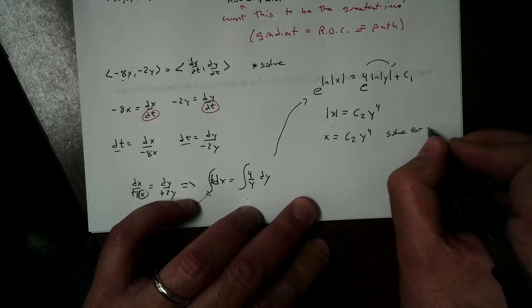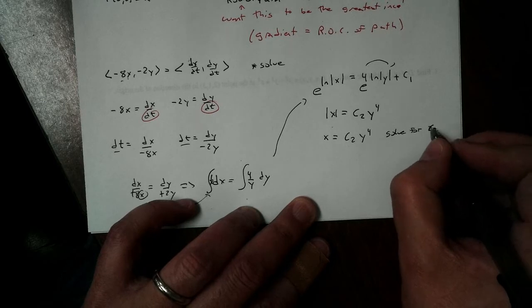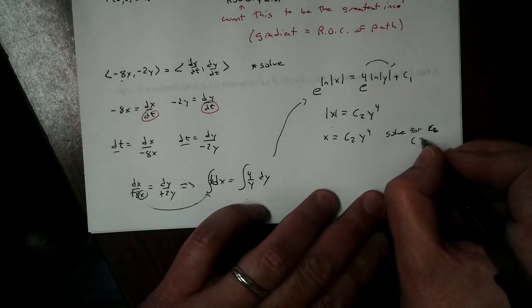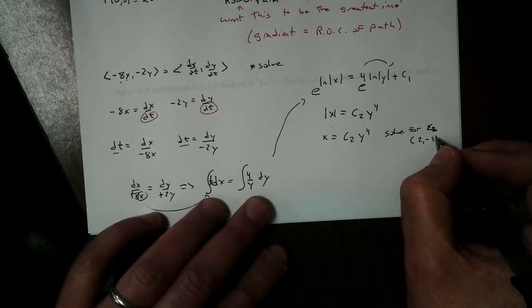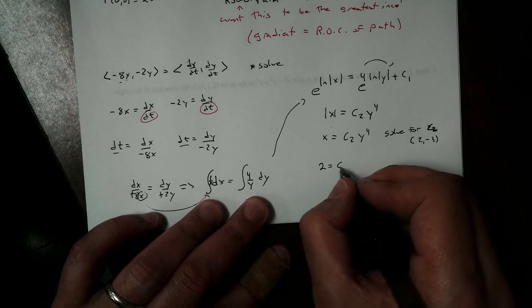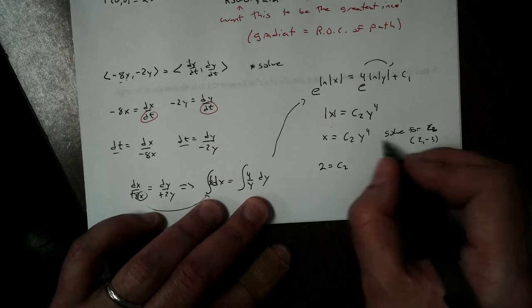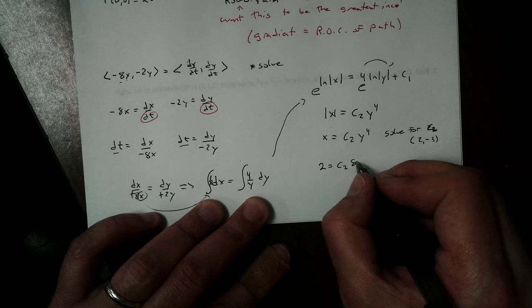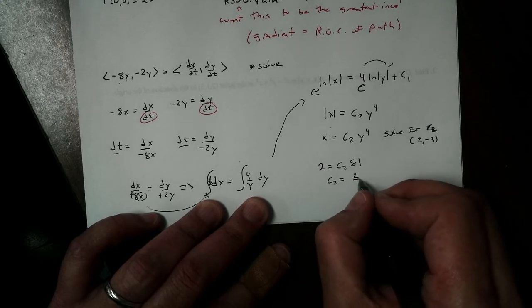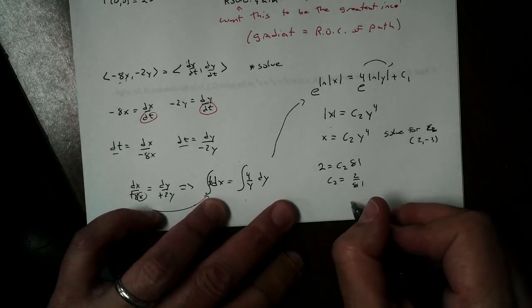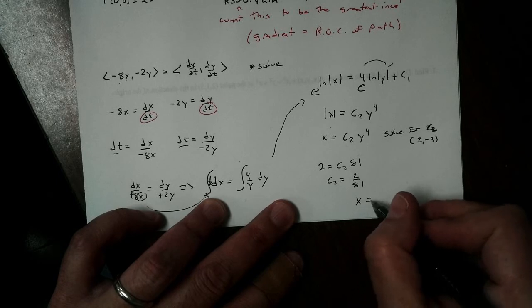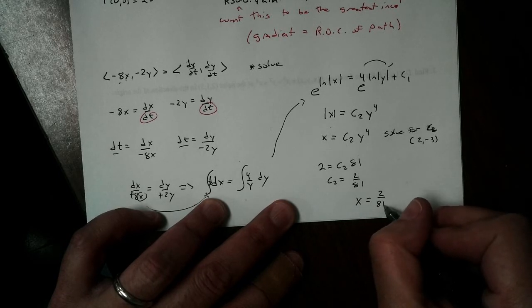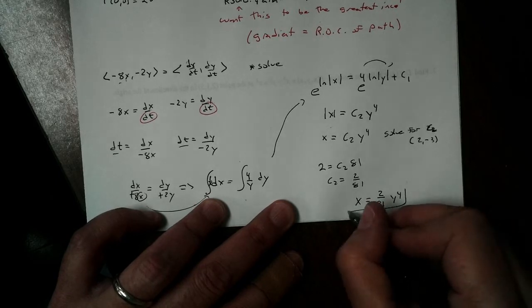Solve for c2. And they give us that point, remember, (2, -3). If I plug it in, I'm going to get 2 equals c2 times (-3) to the 4th, which is 81. c2 is 2 over 81. And we get our equation, x equals 2 over 81 y to the 4th.